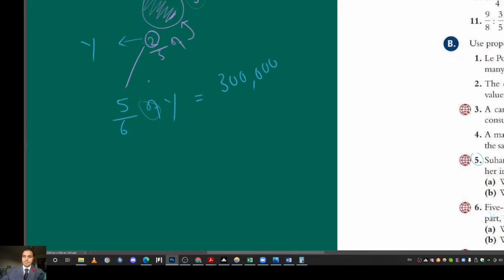Okay, so the "of" we can write down as multiply, you saw that before. So we can say 5/6 multiplied by Y equals 300,000. If we multiply by 6 on both sides, the 6 gets cancelled, and we're left with 5Y equals 6 times 300,000, which is 1.8 million.